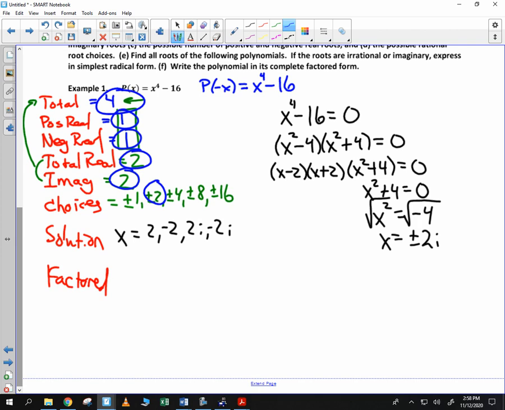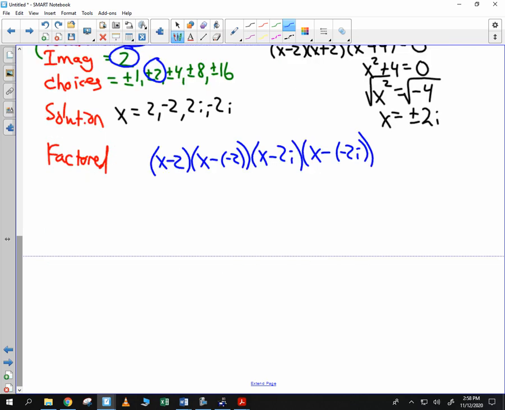The factored form of x to the fourth minus 16 is x minus 2 times x minus negative 2 times x minus 2i times x minus negative 2i. Now, I know that many of you don't want to write it as subtraction like that, but that's what the fundamental theorem of algebra says, that you subtract all of them.